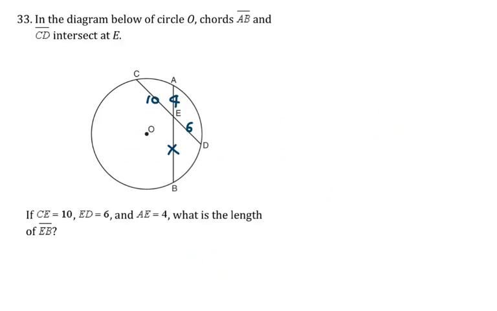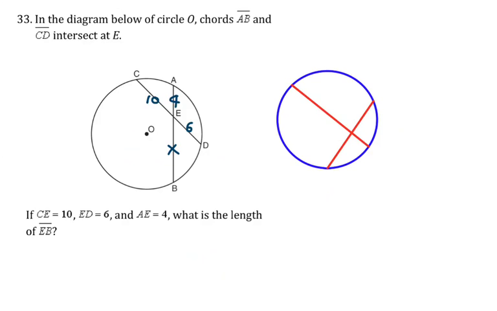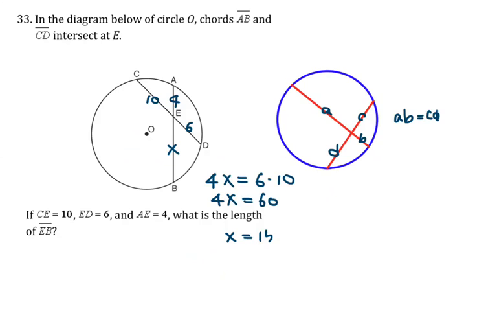So here, the relationship we have to realize is that if I have two line segments cutting, I call this one A, B, and then C and D, then A times B is equal to C times D. So here we get 4 times X equals 6 times 10, which means 4X equals 60. Then we divide each side by 4. Then X must be equal to 15, and that becomes our answer.